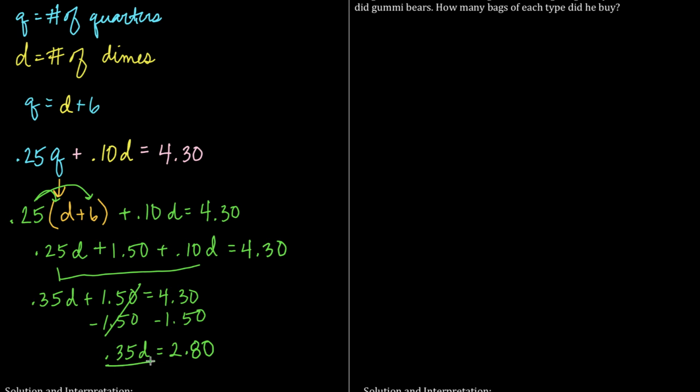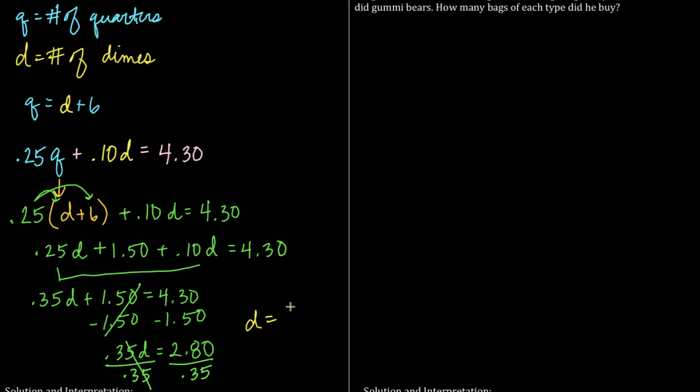Now I divide by 0.35. D is yellow. D equals, I know how to do this one in my head. That's 8.